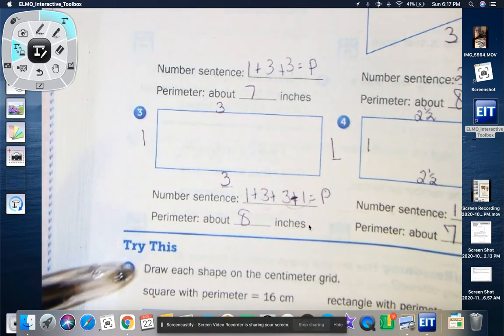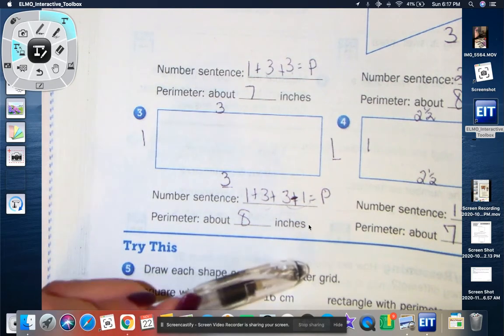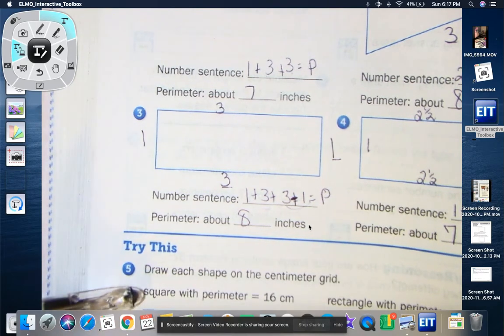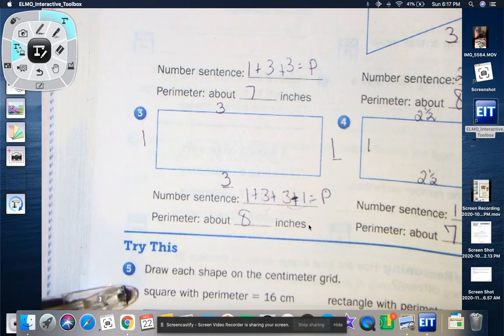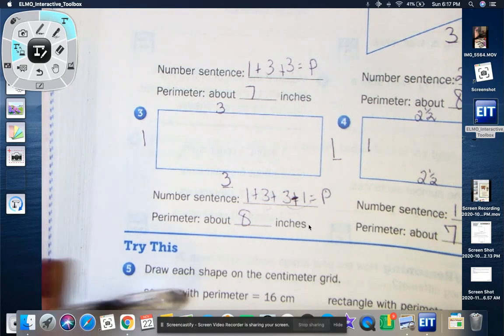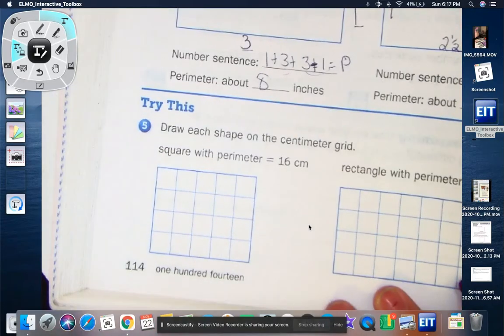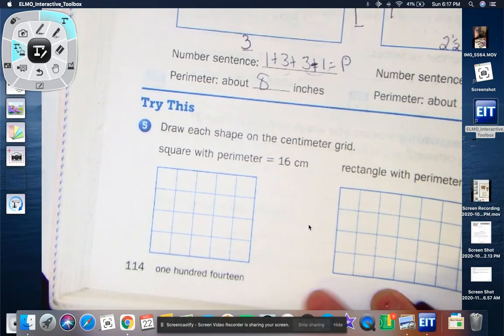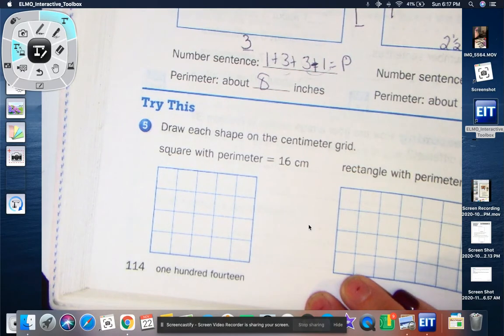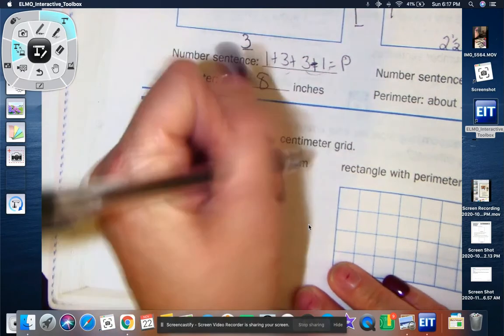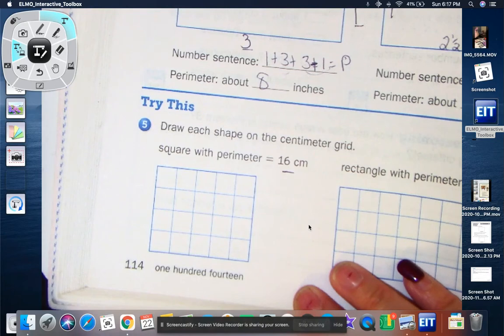All right, this one says, draw each shape on the centimeter grid. This one's a little bit difficult. We have to have a square with the perimeter of 16. Well, here's what I know. Squares have equal sides. And if I'm thinking about my multiplication in my square numbers, I know that 16 is a square number, so that's going to help me out a lot.